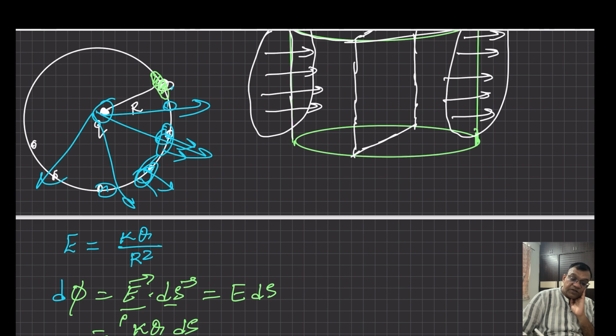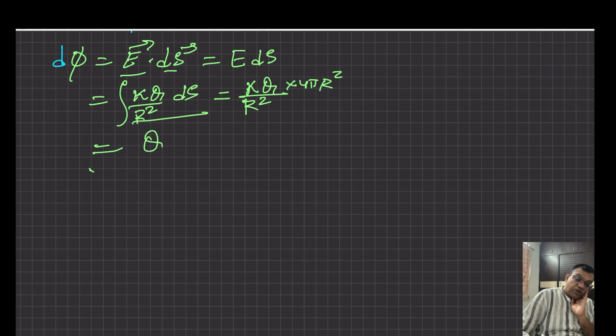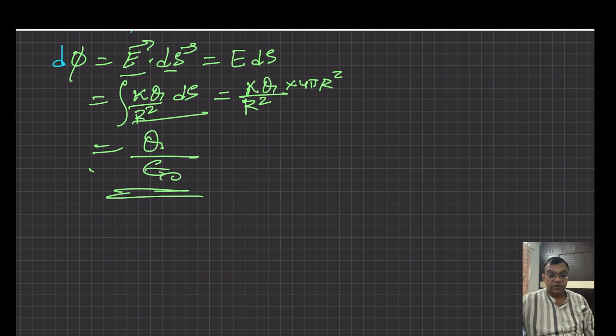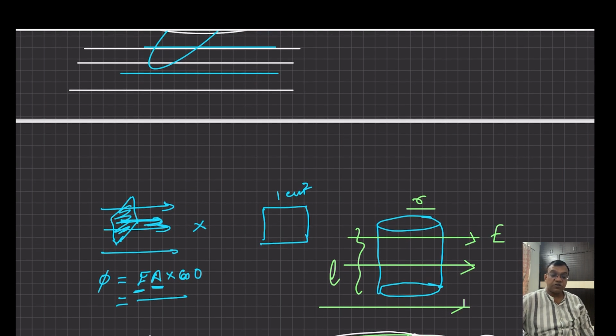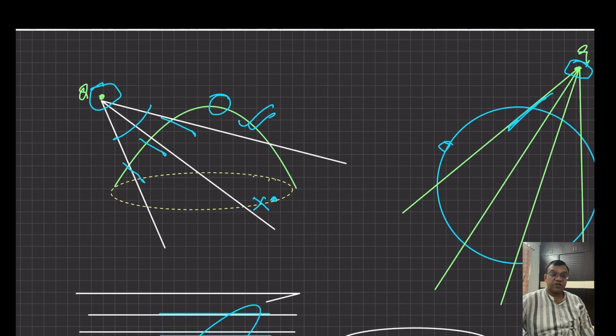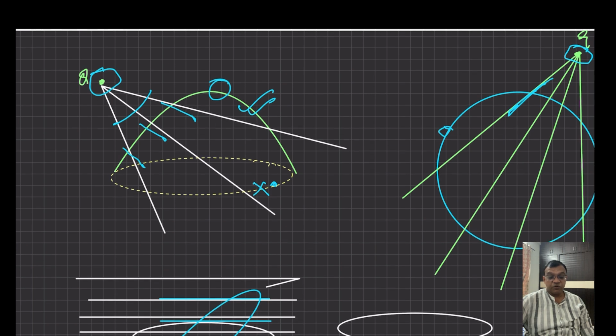Now when we integrate these small areas, the integration will give us the total area 4 pi r square, so kq upon r square into 4 pi r square, and we'll get it as q upon epsilon naught, right? So how to determine the flux is going to be an important concept, and it physically represents the electric lines of forces. That is another important point you have to remember.